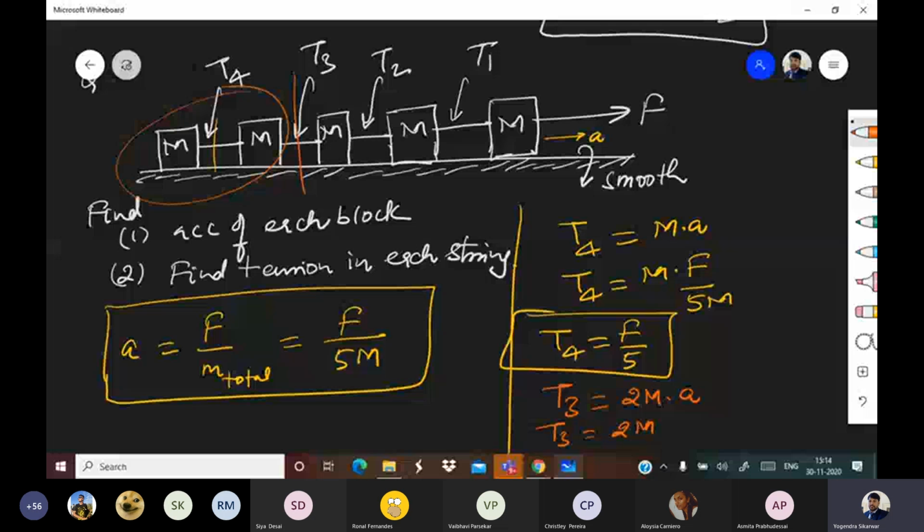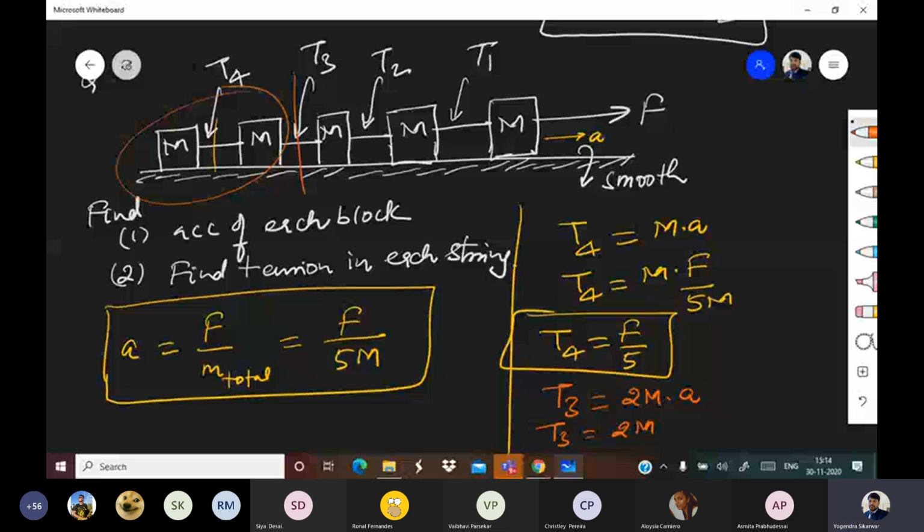So T2 is equal to 3M into A, which is 3M into F upon 5M. So T2 comes out to be 3F by 5.